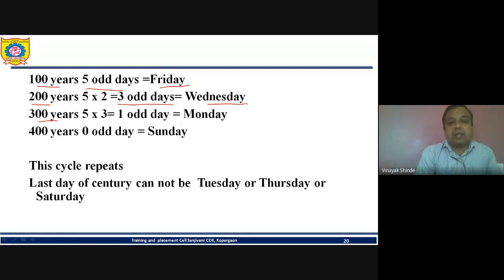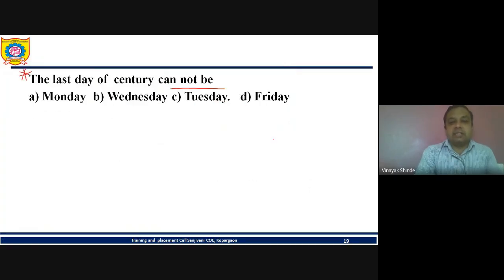For the 300th year, 1 odd day, so it is Monday. For the 400th year, 0 odd days, means Sunday. So these are the last days of century years. Apart from these, the other days are not there. Monday is there, Wednesday is there, Friday is there, Tuesday is not there. So option number C is right.